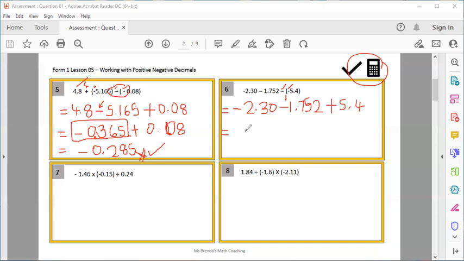And you should get this answer, negative 4.052 first. Keep that plus with 5.4. So now press the plus symbol and 5.4. And your answer should move up to become a positive 1.348. Did you get it? Teacher, yes?